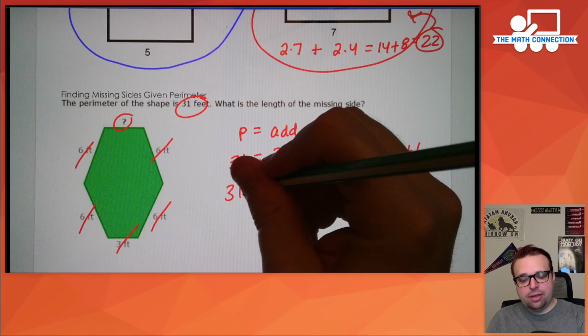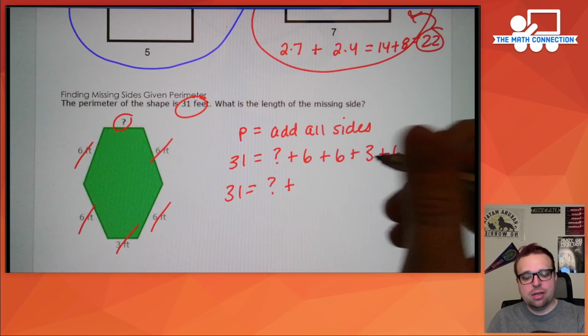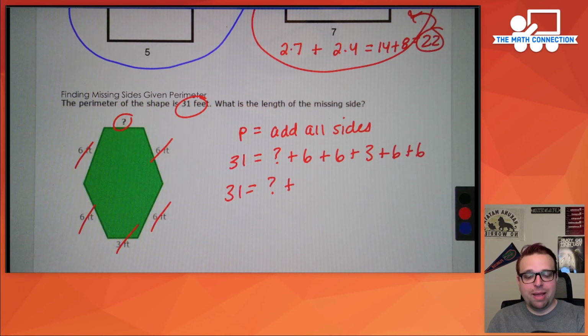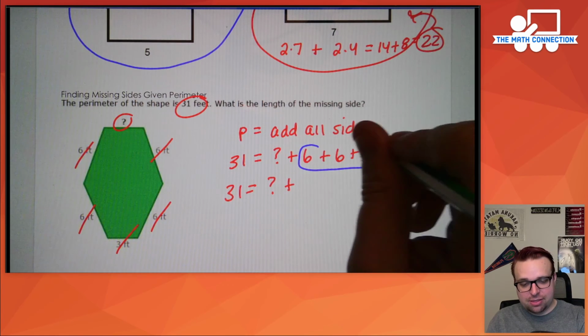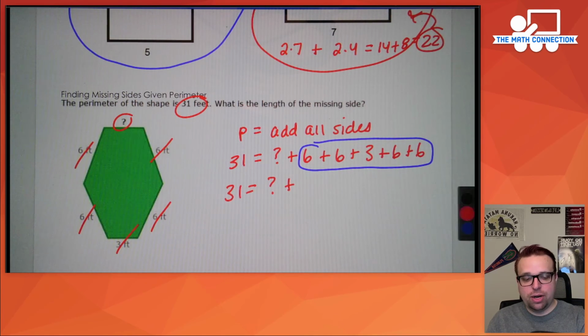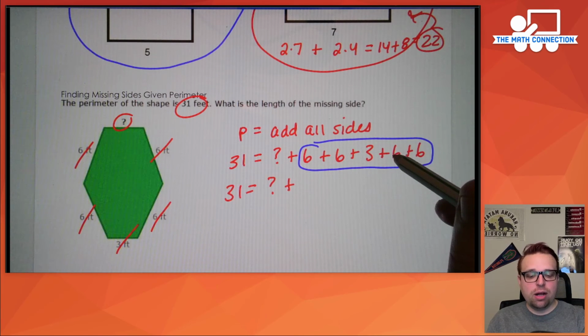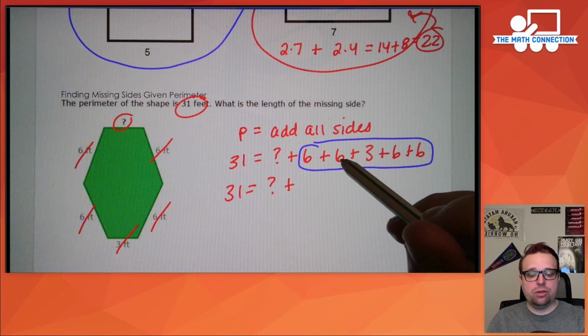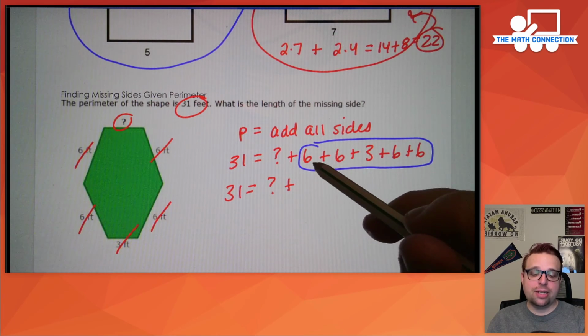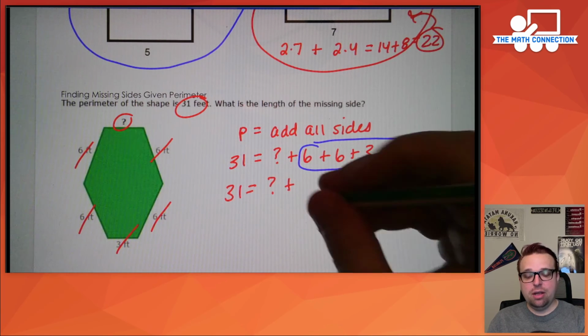So 31 equals question mark plus, we can simplify this problem or make it easier for us to solve by adding all of these sides together to make it into just one number. 6 and 6 is 12, plus 3 is 15, plus another 6 would give me 21, and then plus another 6 would give me 27.